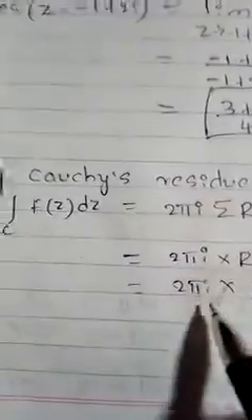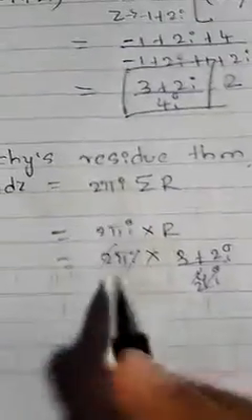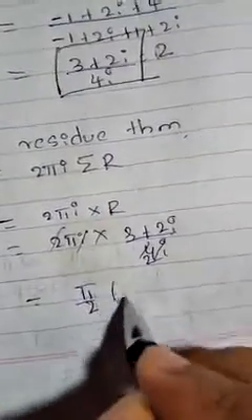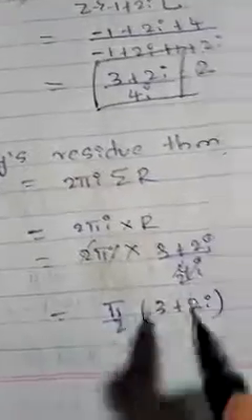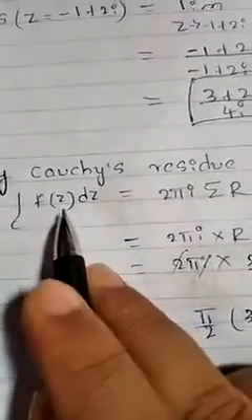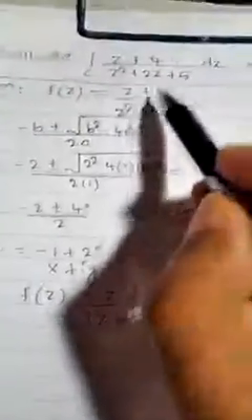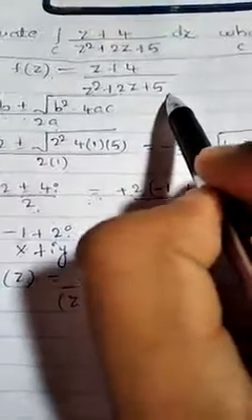Simplify this: i cancels, and 1 and 2. That is equal to pi by 2 into (3 plus 2i). This is the required answer, where f of z is z plus 4 divided by z square plus 2z plus 5. Okay, thank you.